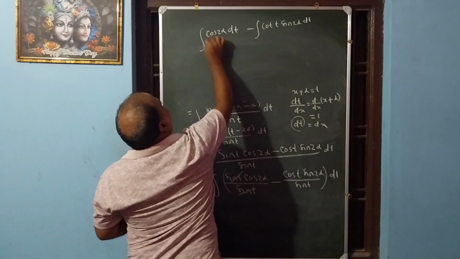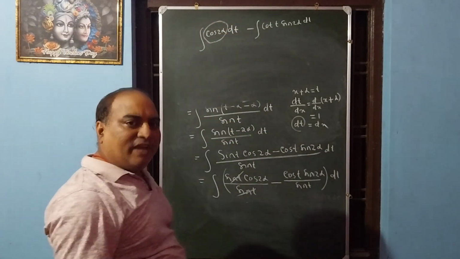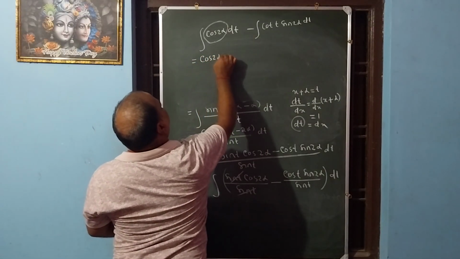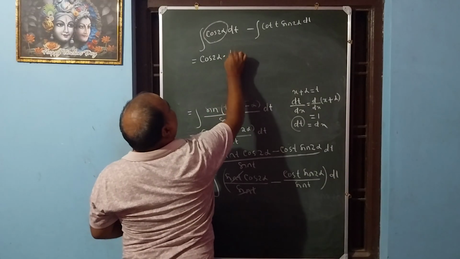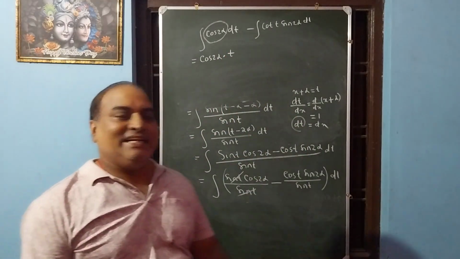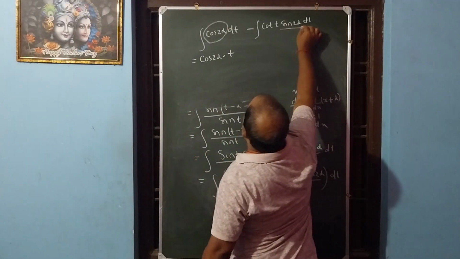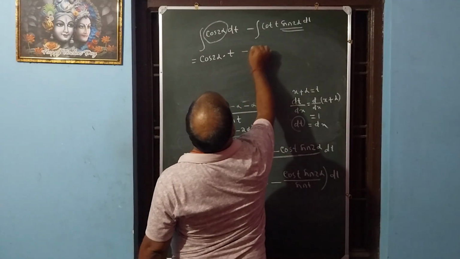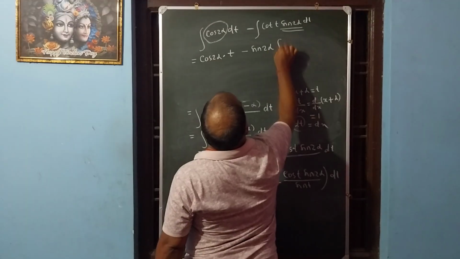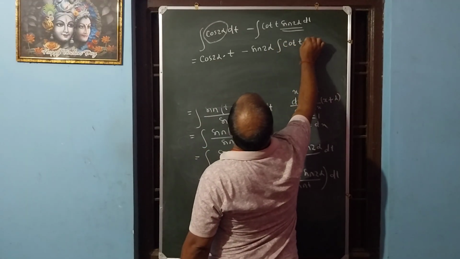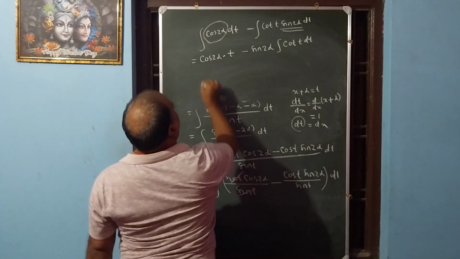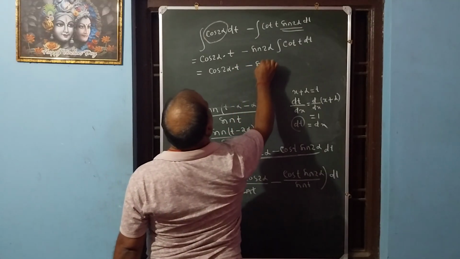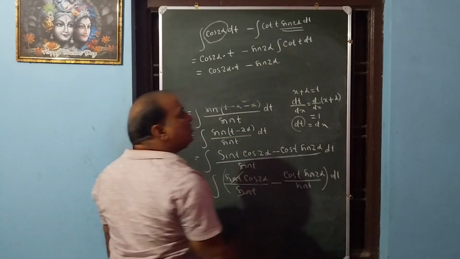So here cos 2 alpha is a constant that will come outside of the integration. So we get cos 2 alpha into integration of dt, that is t. Here sin 2 alpha is a constant that will come outside of the integration. So we get sin 2 alpha into integration of cot t dt. So we get cos 2 alpha into t minus sin 2 alpha. What is the integration of cot t dt?